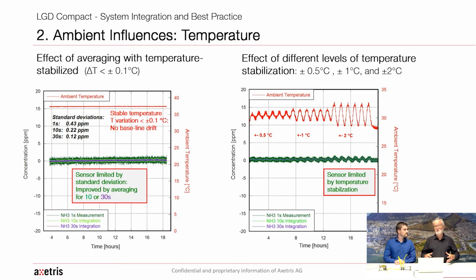So the sensor performance is limited by the stability of the temperature and not by the averaging time. It doesn't help to average more when you have this effect. So best is to average a bit and to stabilize temperature if needed.